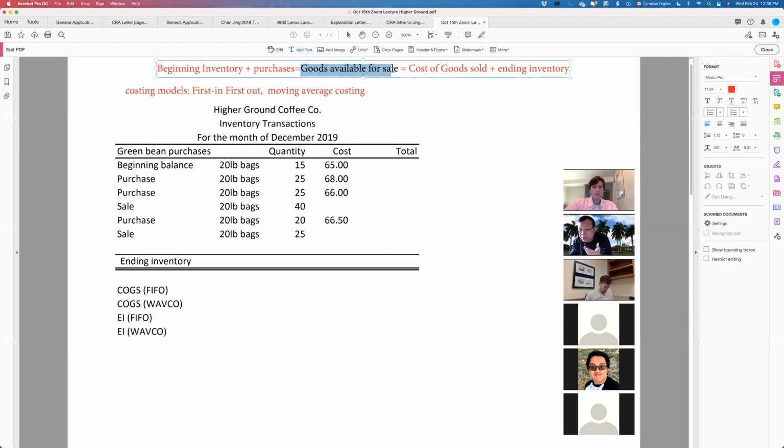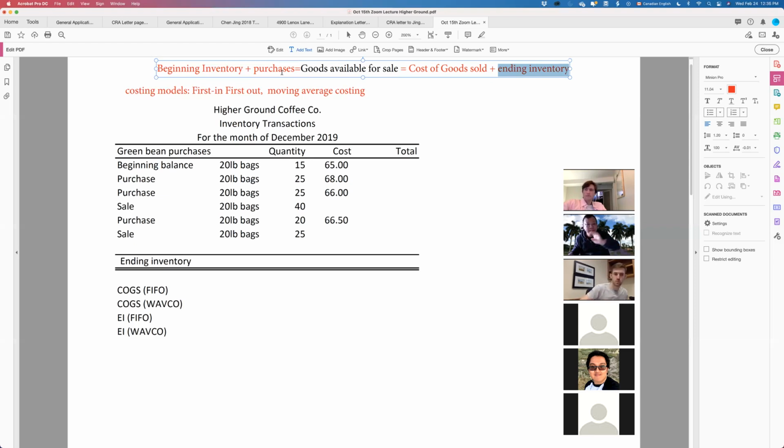However, different cost models will affect the allocation between cost of goods sold and the ending inventory. But the sum of the two numbers is always the same, regardless of the costing model. It's just the allocation between the two components.